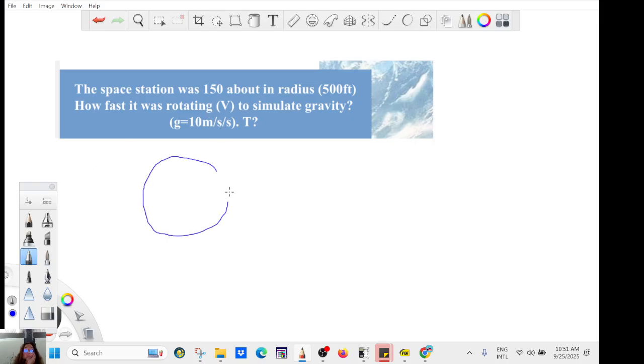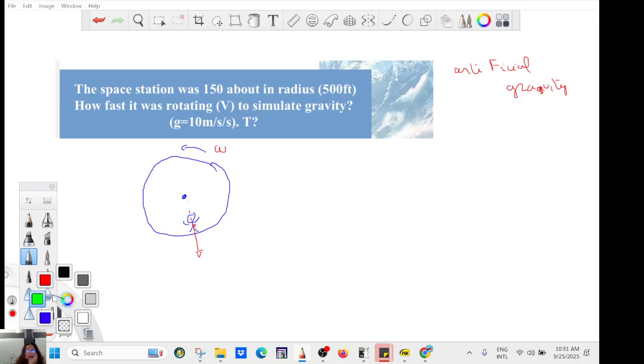Okay, so you have your space station here, and you are there. It's spinning. From your point of view, only from your point of view, you're going to feel artificial gravity, because it's in space. There is no gravity. But if it's spinning at the right rate, omega, and the radius is r, then you're going to feel your weight here. You're going to simulate gravity.